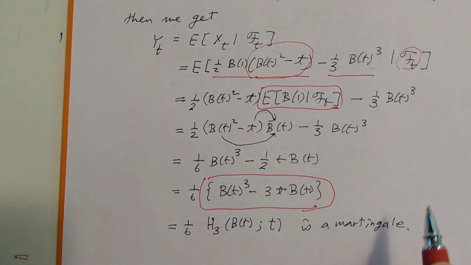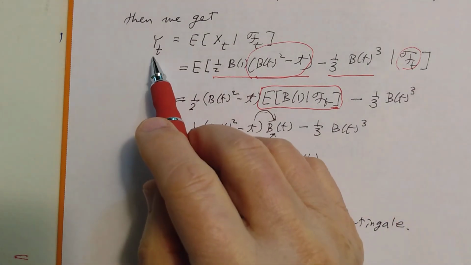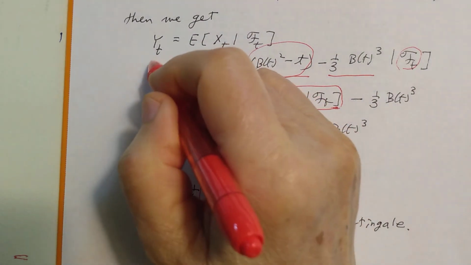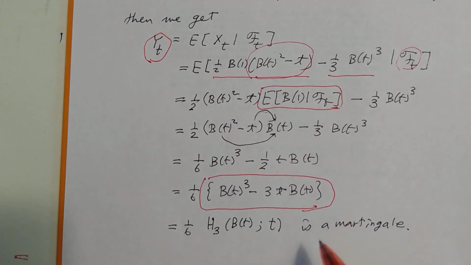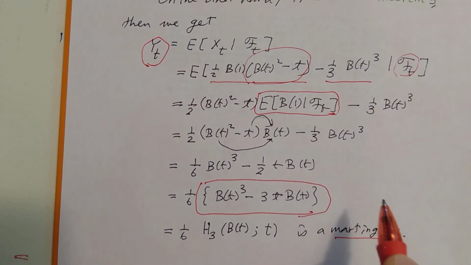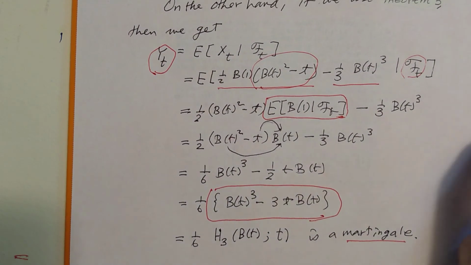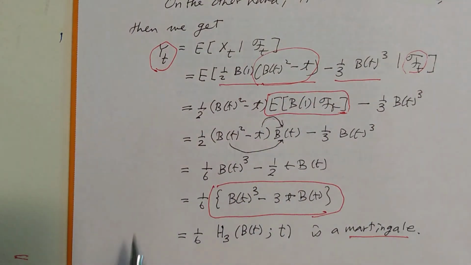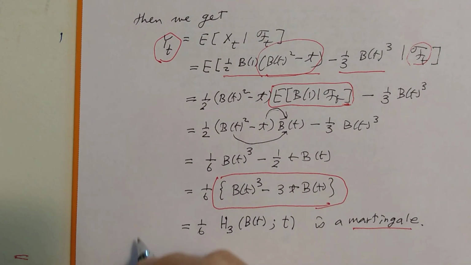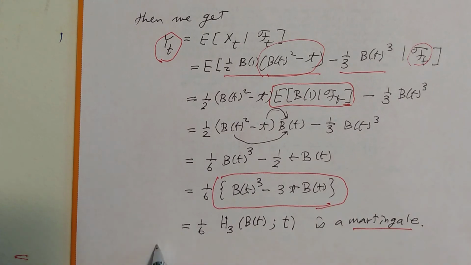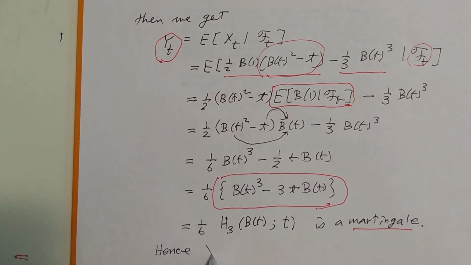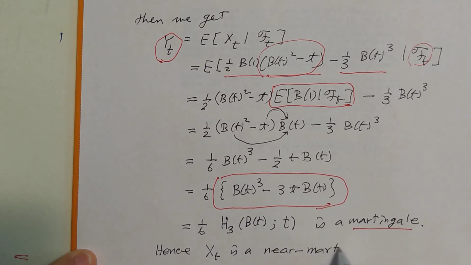So this proves that Y sub t is a martingale. And therefore, by the theorem, X sub t is a near martingale. Hence, X sub t is a near martingale.